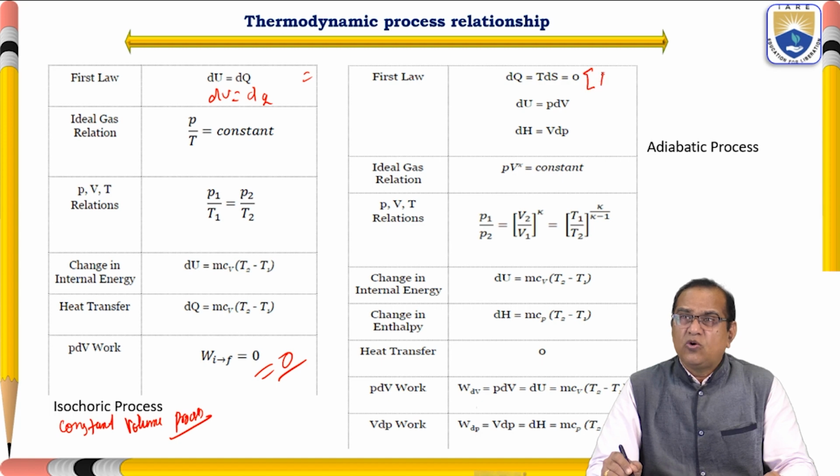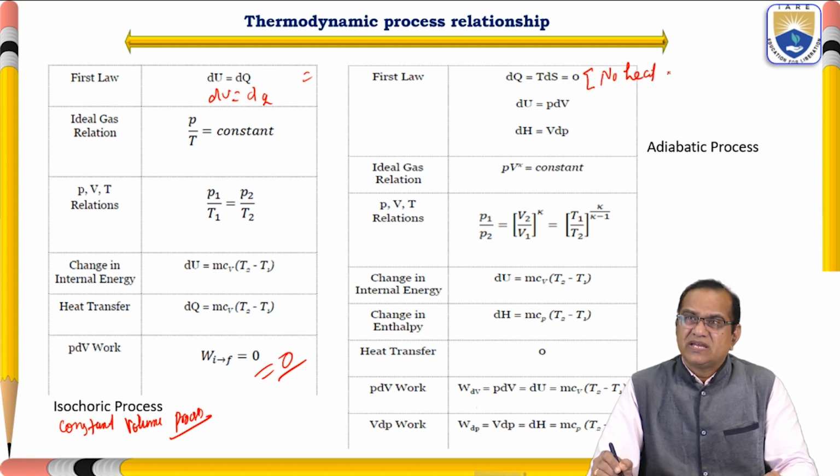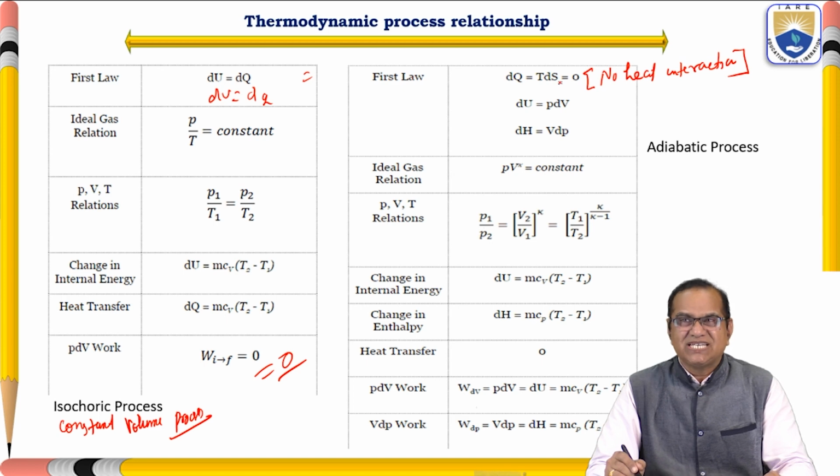It means no heat interaction. So dq is equal to Tds is equal to 0. But if this dq is equal to 0, then du, if you take the first law, is equal to minus Pdv, or dh. H is enthalpy.